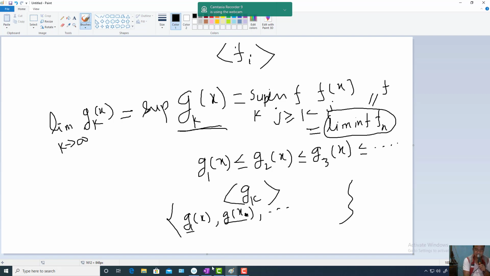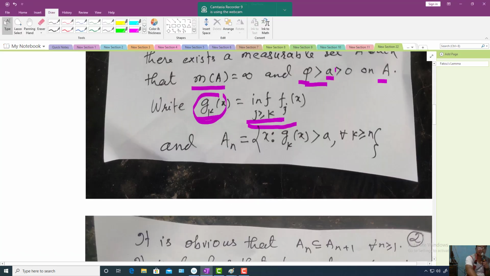Then let us go back to the note. So now you define gk like this: gk is equal to the infimum over j greater than or equal to k of fj(x). Then let us define An again. So An is equal to the set of x such that gk(x) is greater than a, for all k greater than or equal to n.